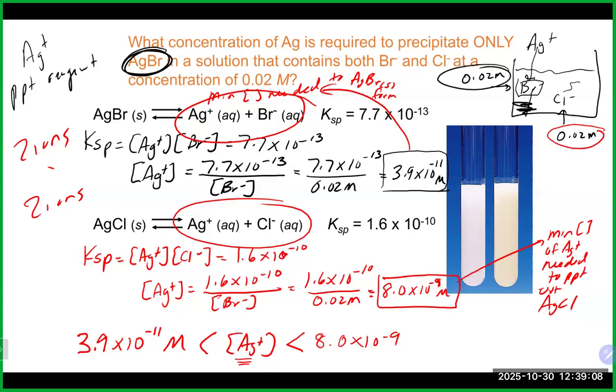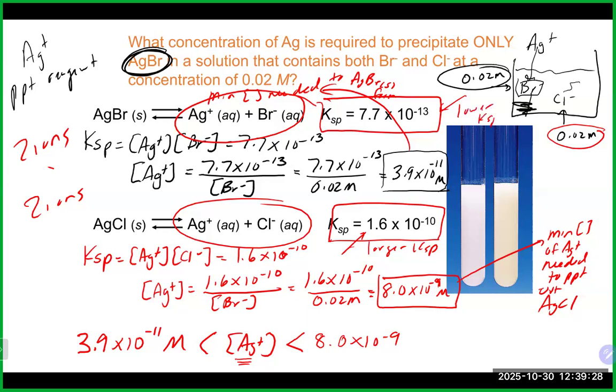When we compare the Ksp values, which you can do in this case because they make the same number of ions, we see that silver chloride has a larger Ksp value, which means it should be more soluble and will stay in solution longer than the one with a lower Ksp value. So in this particular case, if you were just given a beaker with some chloride and some bromide, which one do you think should come out first?